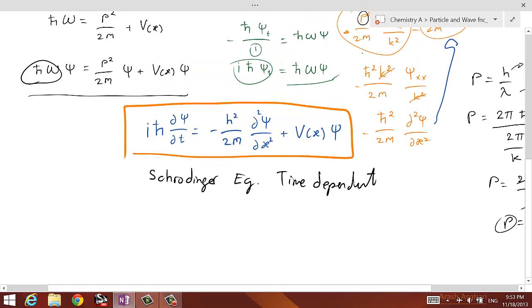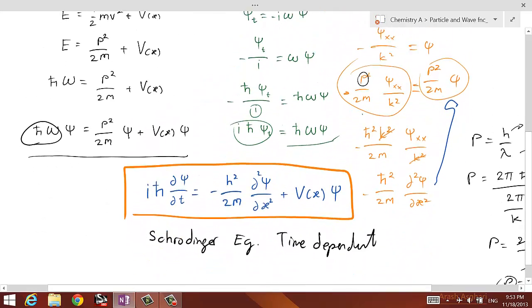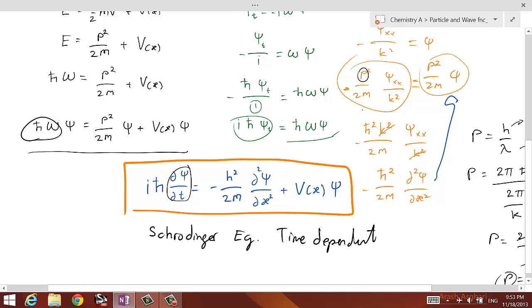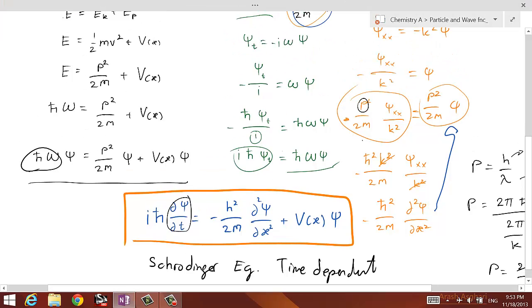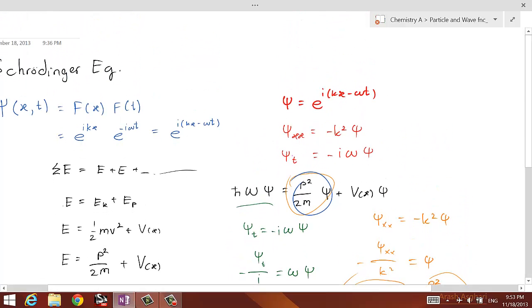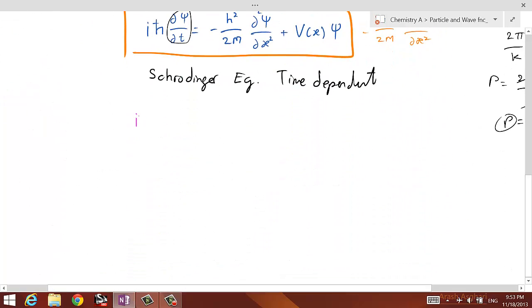If I want the non-time dependent Schrodinger equation, I replace the one that I differentiate here with the one in pink, which says my wave function differentiated by time equals minus i omega and my wave function. I replace here: i h bar multiplied by minus i omega and my wave function, correct, equal to minus h bar squared over 2m, and copy that down.